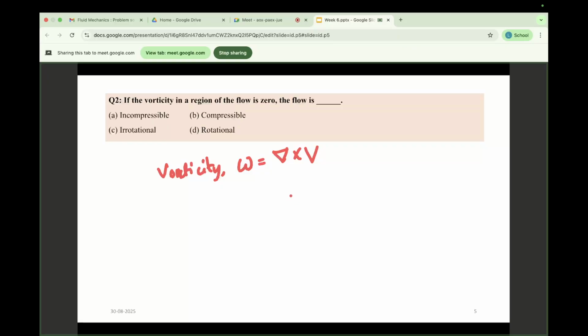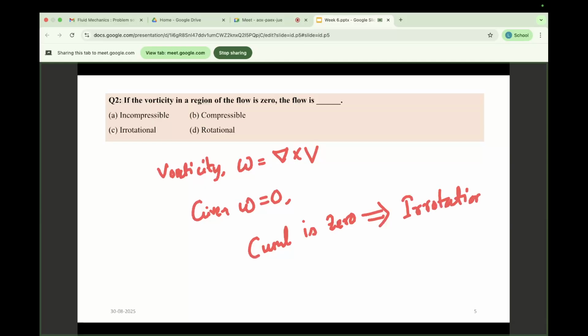So say in this question that given omega is 0, that means this curl term should be 0, and we know that if for a certain term curl is 0, that means it corresponds to irrotational. So that is the fundamental of a curl, right?